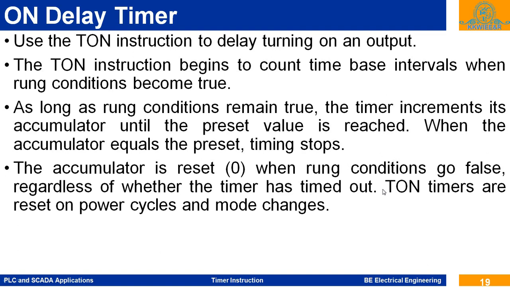Okay. TON timers are reset on power cycles and mode changes. So when the run condition goes false, its accumulator is reset to 0. Okay. So they are called non-retentive type instructions. Non-retentive type instruction. Okay.